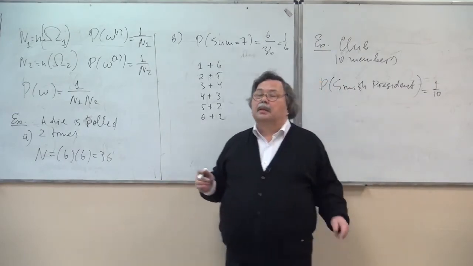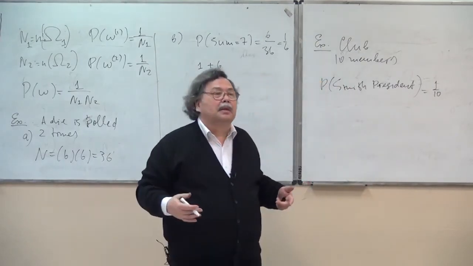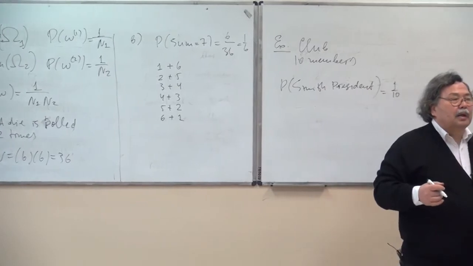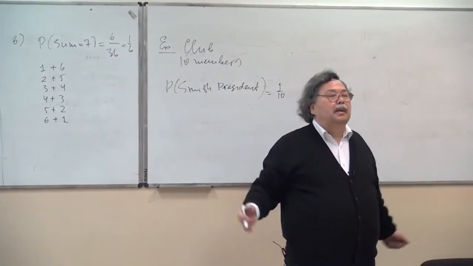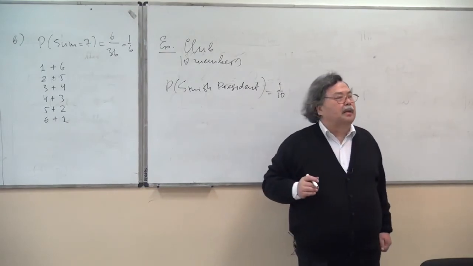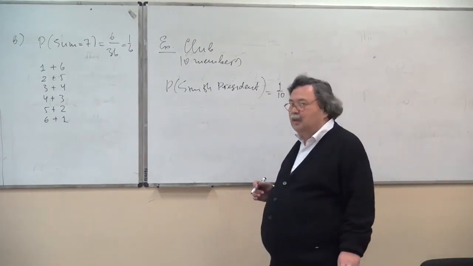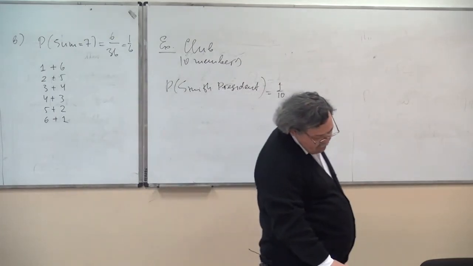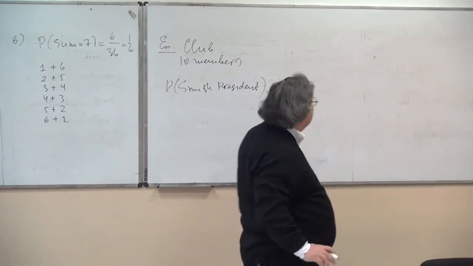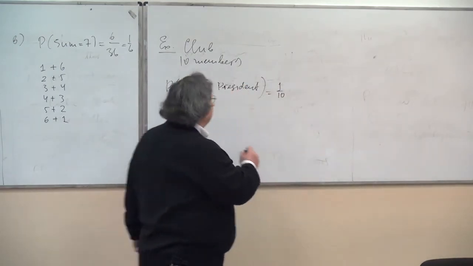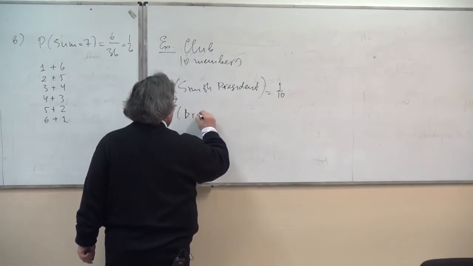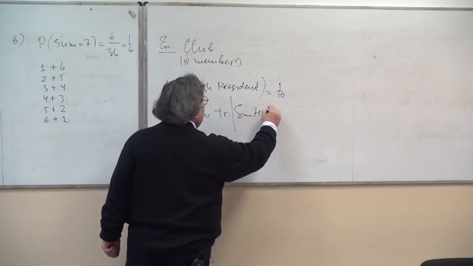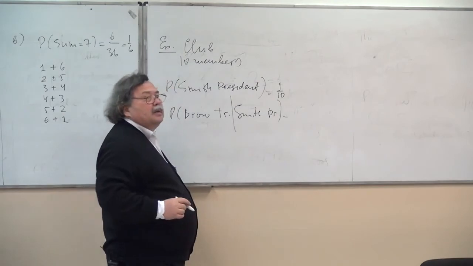But then let's consider the next experiment. The next experiment is making a random choice for the position of treasurer from among the remaining members, considering that Smith is already assigned to be president. And what was the name of the second guy? It was Brown. And the probability that Brown becomes treasurer, given that Smith is president, is 1/9.